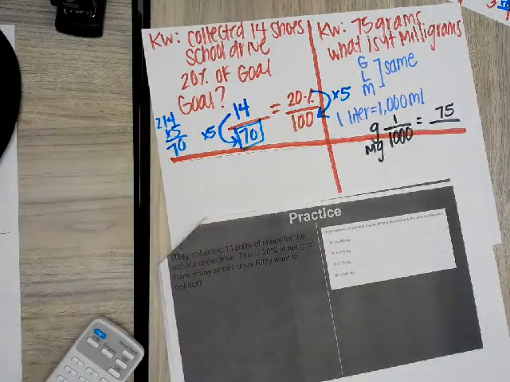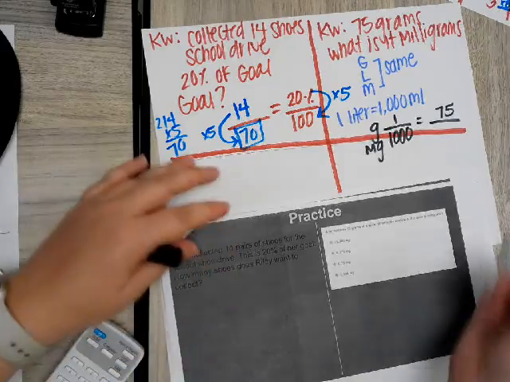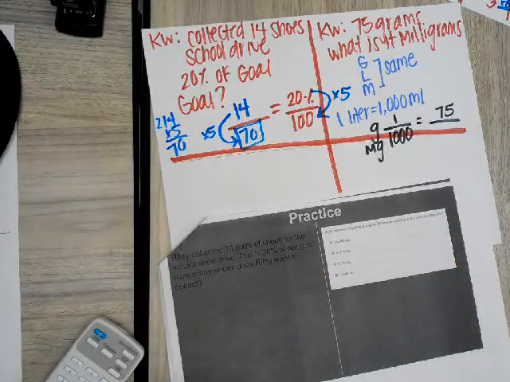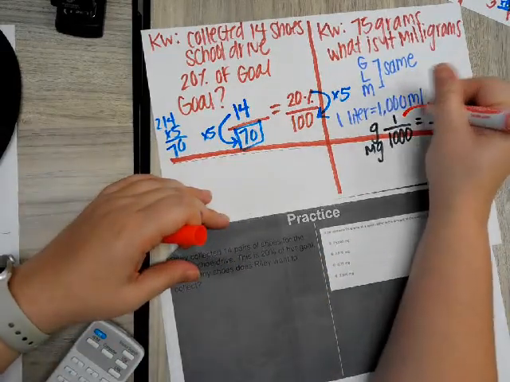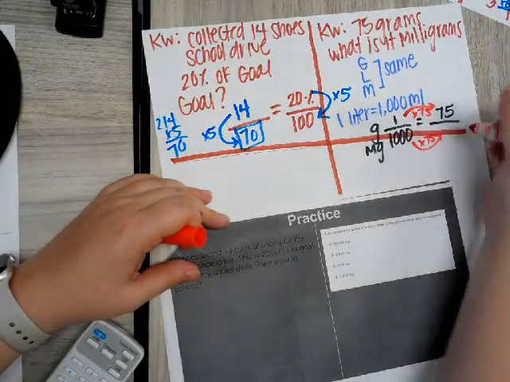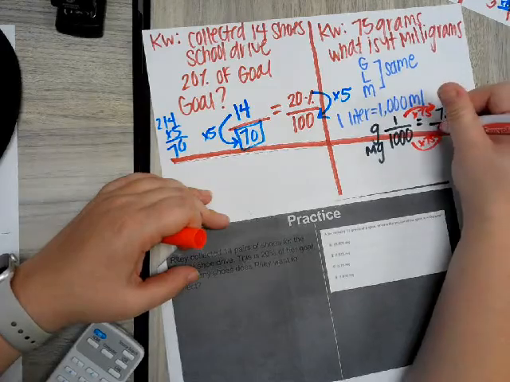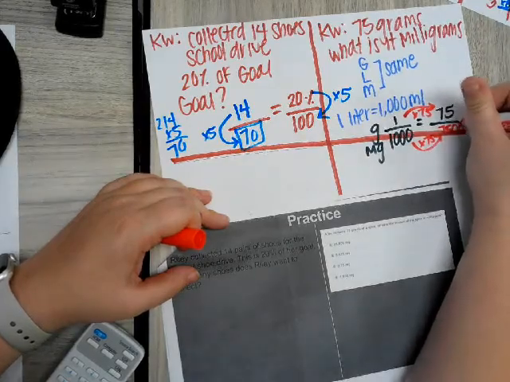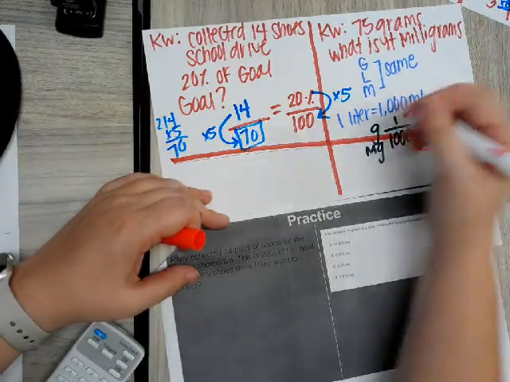Okay, so how do I get from 1 to 75? Times 75. So I'm going to multiply 75 here. So 75 times 1 is 75, and I can just put my zeros. So my answer is A.